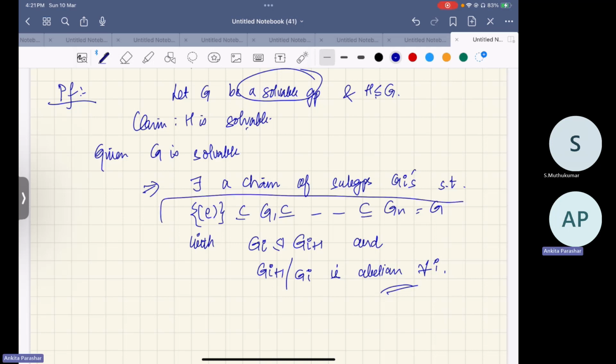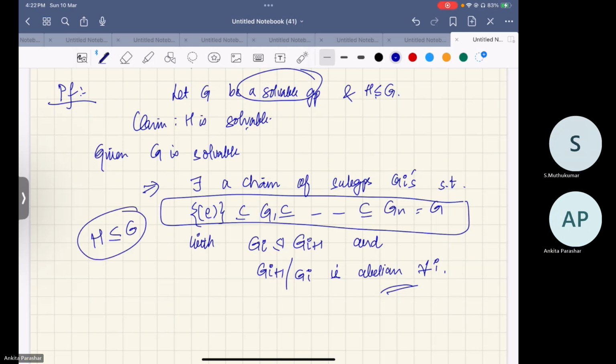I have to think about this chain. Think about H, which is a subgroup of G. Can you modify this whole chain? You have to modify with a single idea.